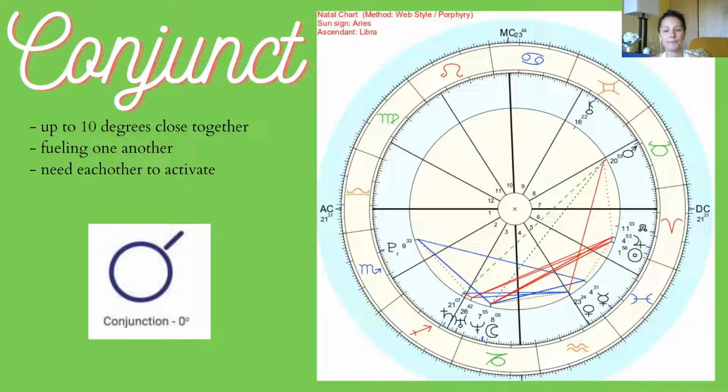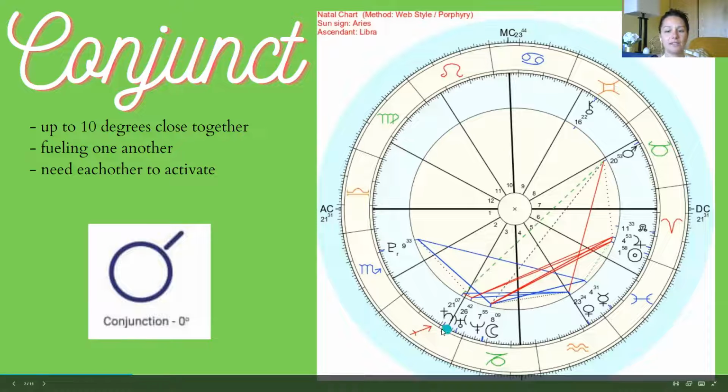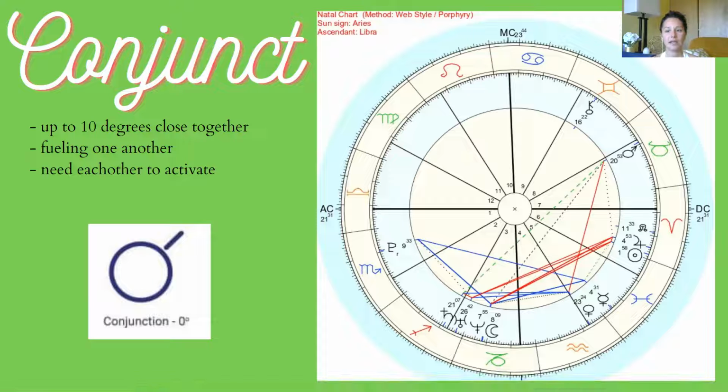That's one example. Another example here is Uranus and Saturn. Saturn's kind of about work and responsibility, and Uranus is about sudden changes and innovative ideas. So I might have a lot of new ideas coming in my work life or sudden changes in my work life quite frequently, and I do.